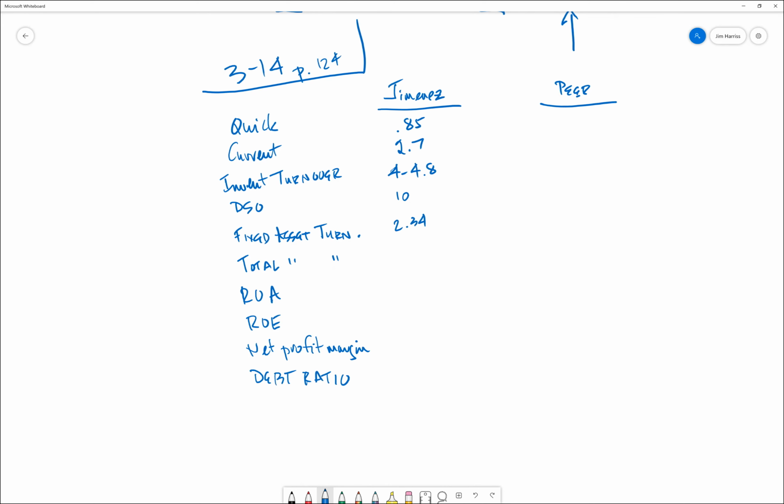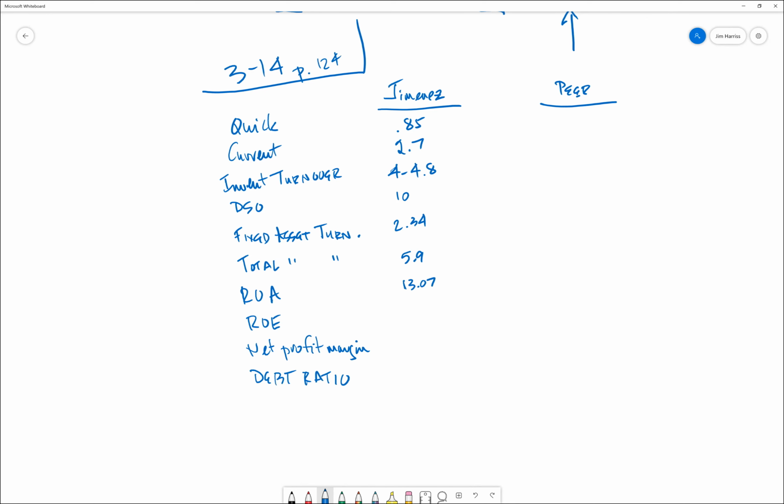2.34 is your asset turnover. 5.9 is your total asset turnover. Wait a minute. Yeah, that's right, 5.9, excuse me. And let's see, ROA is 13.07.